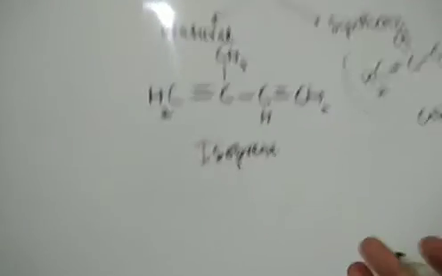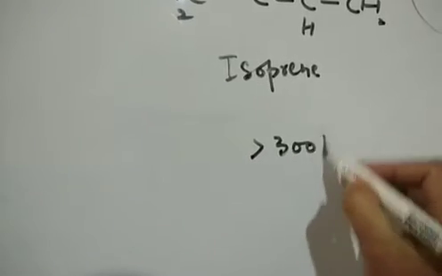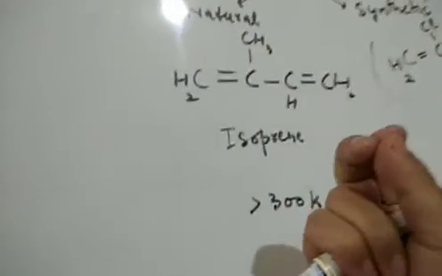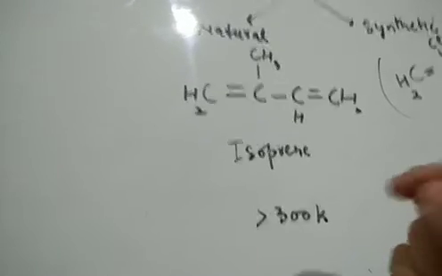Now, what naturally happens with this rubber is that when you heat it to greater than 300 Kelvin, it becomes soft and sticky.